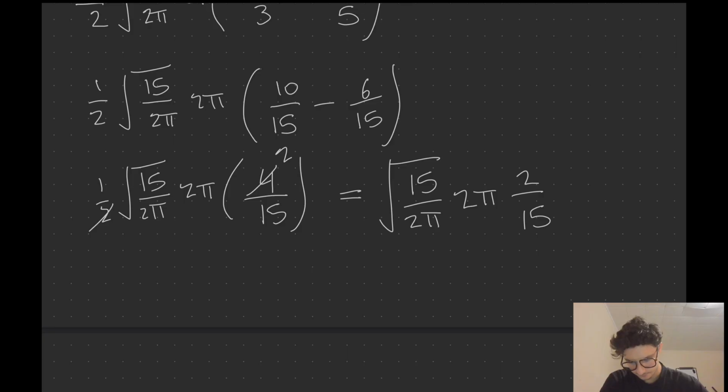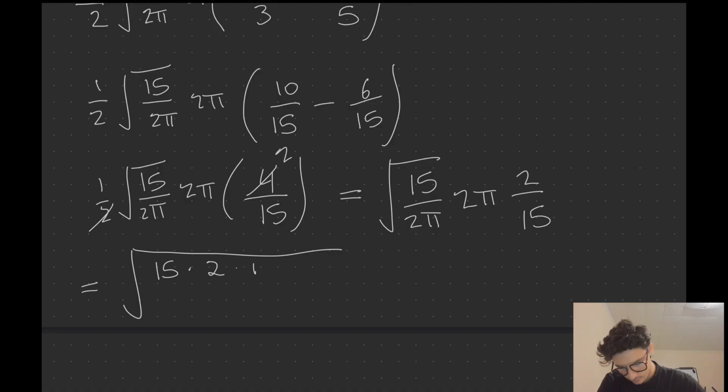It's not gonna work. Bring everything into the square root. So 15, 2 times 2, 4, brought into the square root is 2, pi, brought into the square root is pi squared. Then here we have a 2 pi, which was from the beginning, and 15 squared.